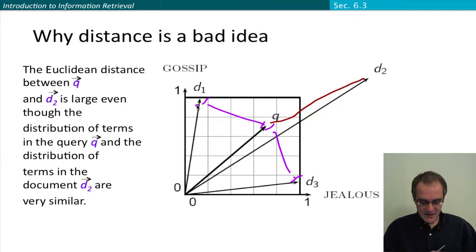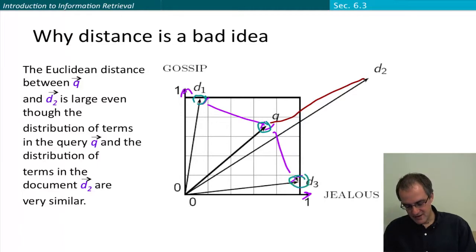But if we actually think of this in terms of an information retrieval problem and look at what's in our space, that seems wrong. So in this teeny example, the two word axes shown are here for gossip and here for jealous. And what our query is, this is the query that would come out precisely if your query is gossip and jealous. So it has both of those words occurring with equal weight. Well, if we then look at our documents, what we find is document 1 seems to have a lot to do with gossiping and nothing to do with jealousy.